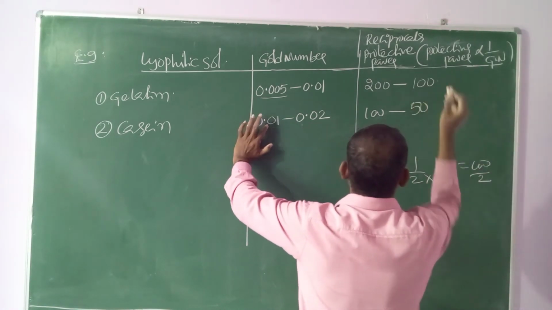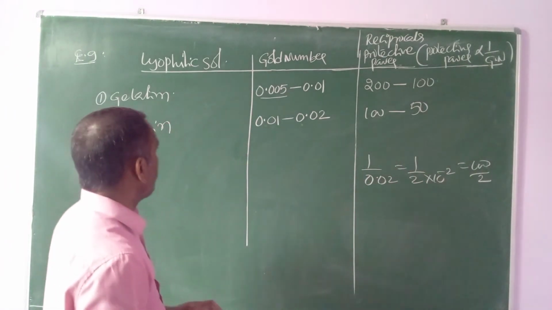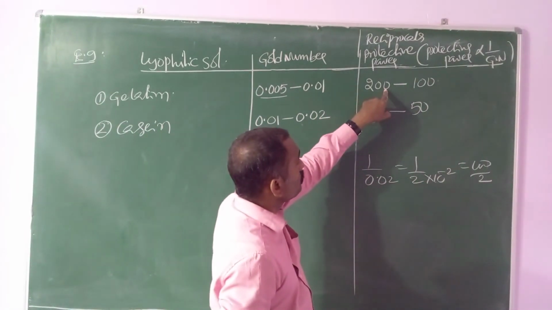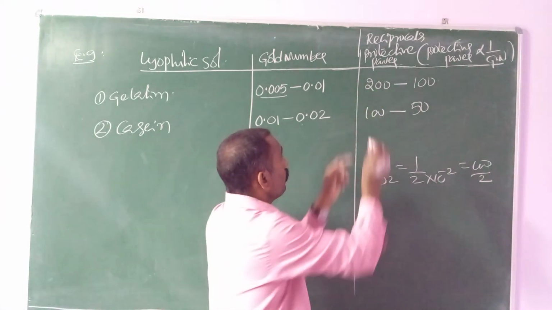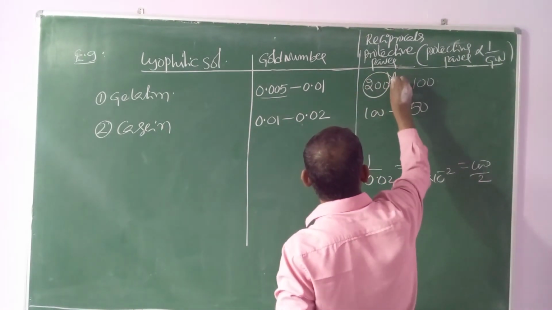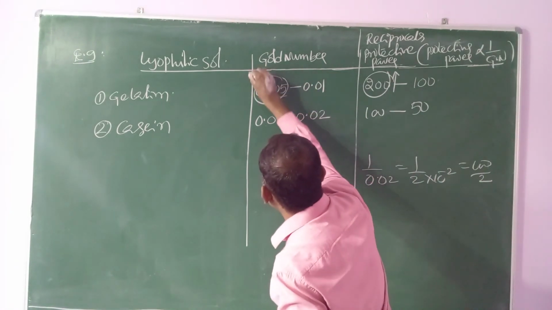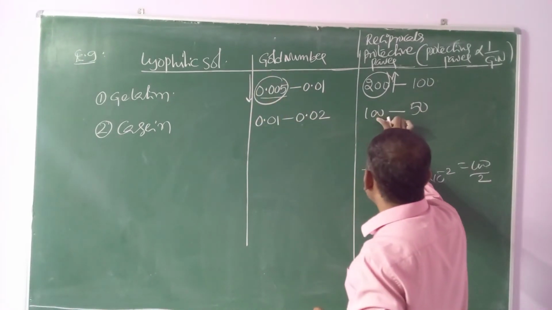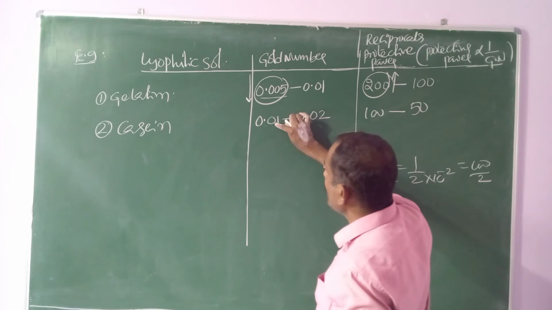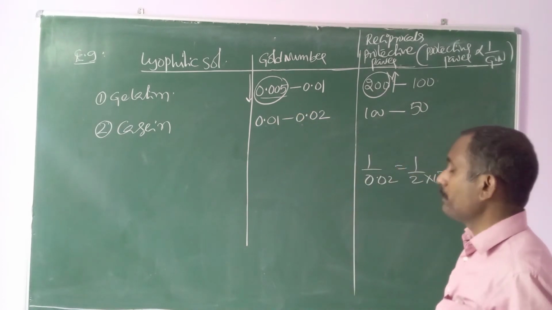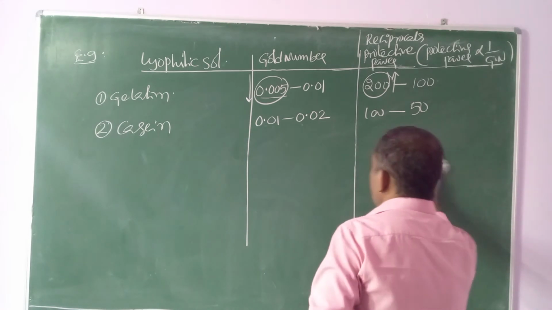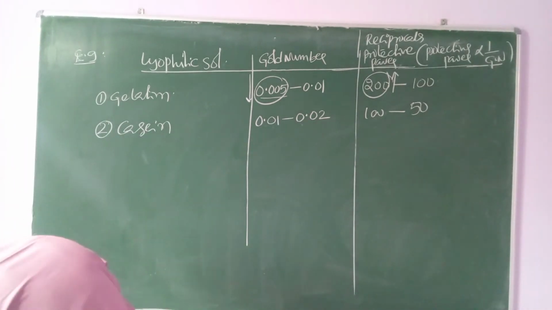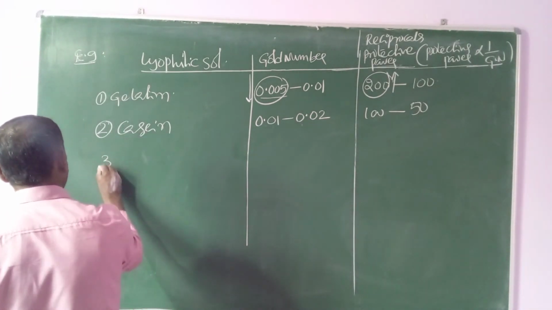Therefore protecting power is 50. Gelatin protecting power is 200. Casein protecting power is 100. Here more protecting power because of less gold number; comparatively here less protecting power because of more gold number. Inversely related. Reciprocals we should consider. Third one, hemoglobin.